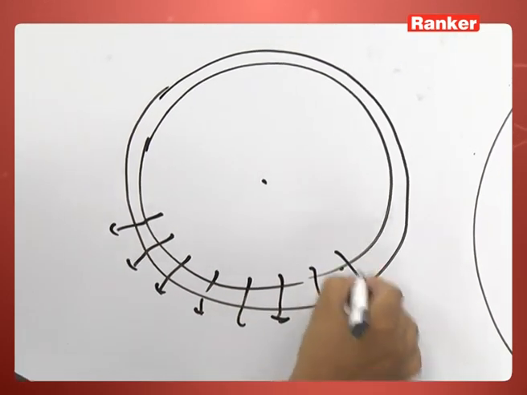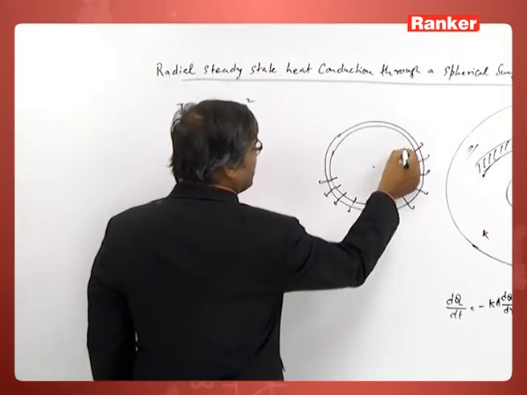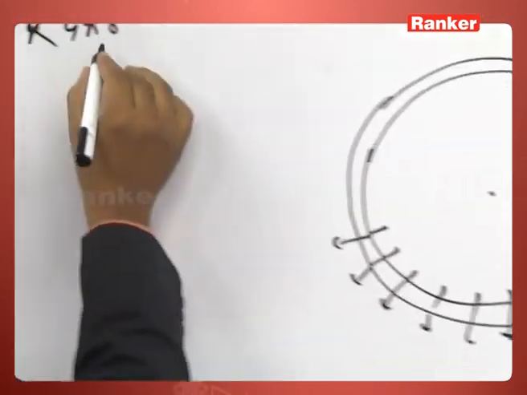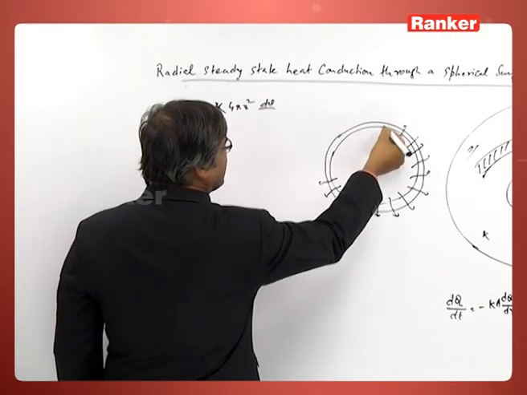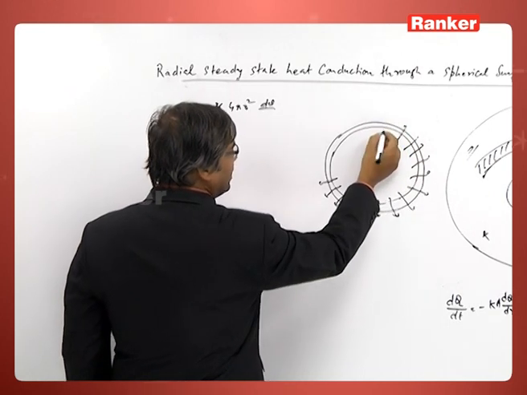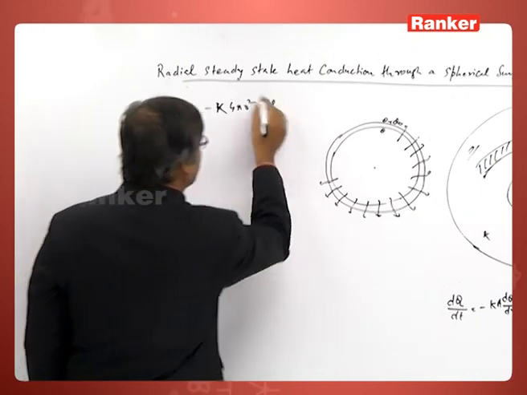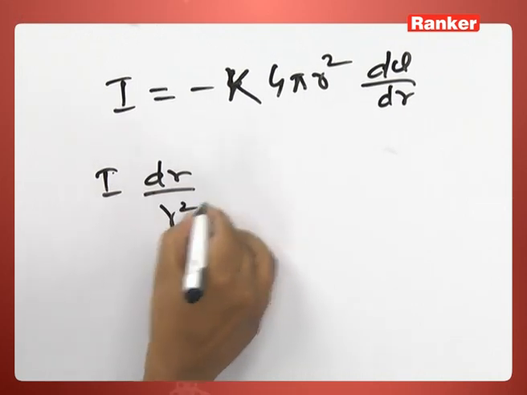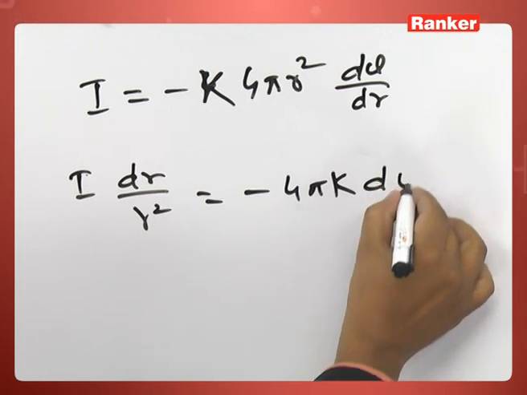The length the heat current has to cross is dr, and the area it has to cross, the surface area A, is 4 pi r square, and the temperature difference is d theta, over the distance dr. So, we will put this as I dr by r square equals minus 4 pi k d theta.